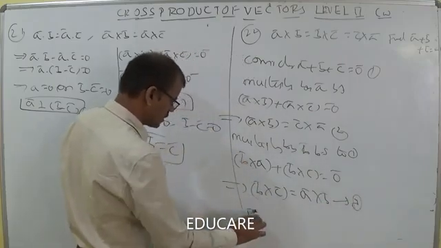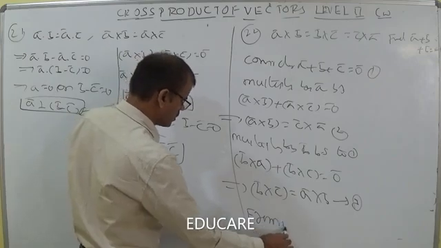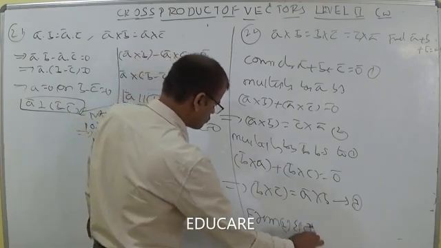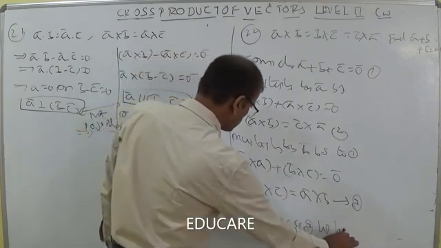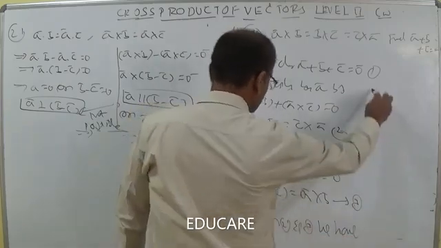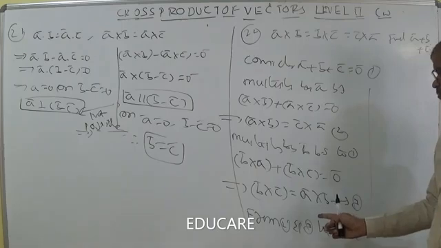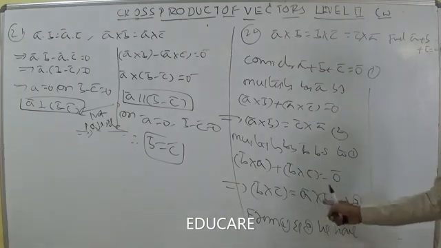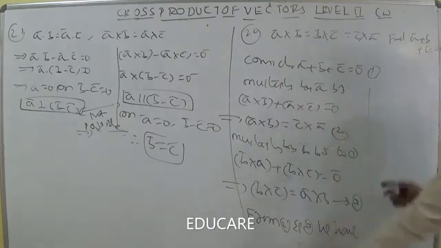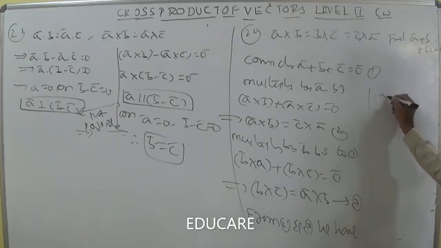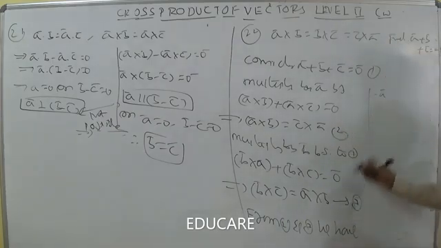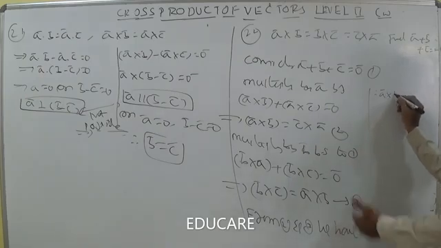Now from the first, second, and third equations we can conclude that A cross B equals B cross C, and B cross C equals C cross A. If you are getting any doubt, you can multiply with C bar, and then you will also get the same for everything.